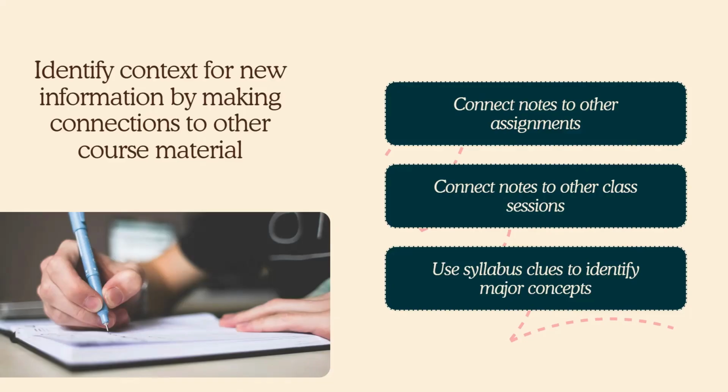Another great place to look for the context that you might need to help make meaning of your notes is to use syllabus clues to identify those major concepts. Many professors will write on their syllabus, under a class session or a unit, what the goal or learning objective is. My strategy as a student was often to ignore those textual notes.